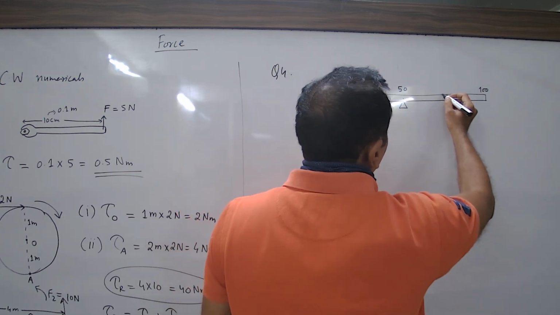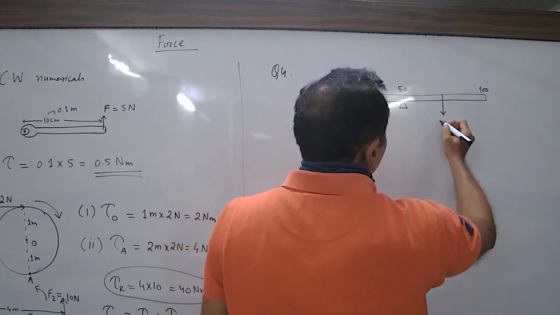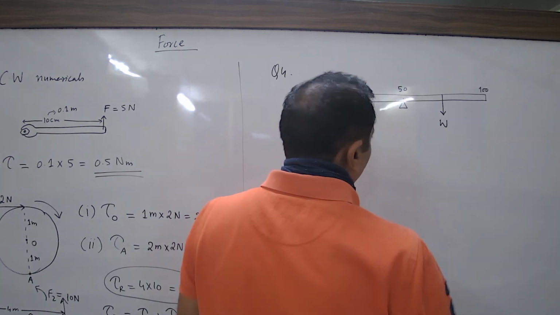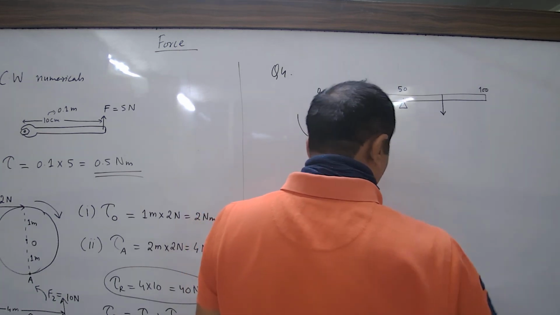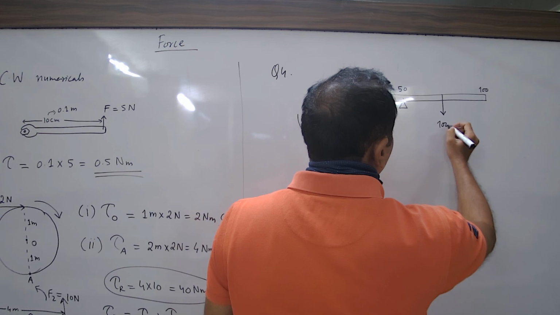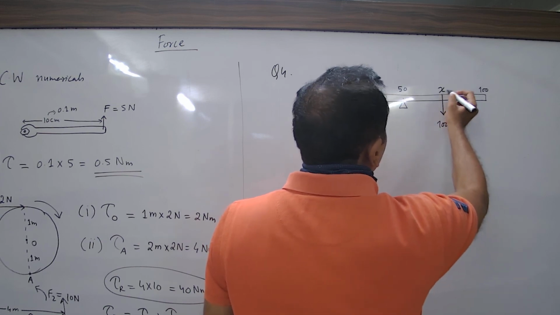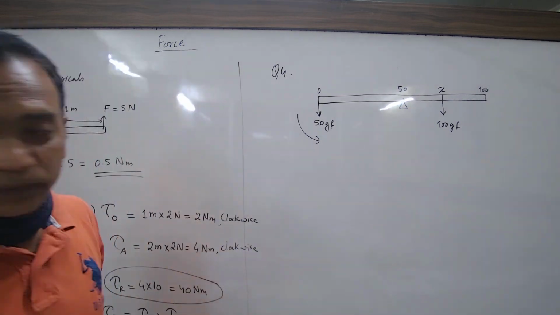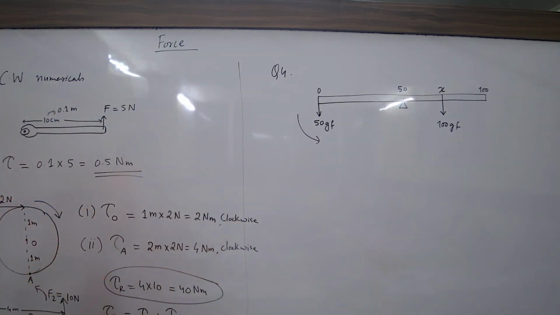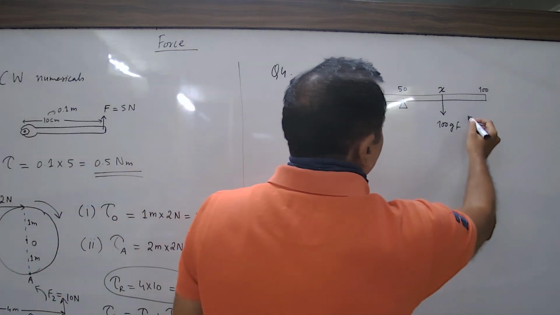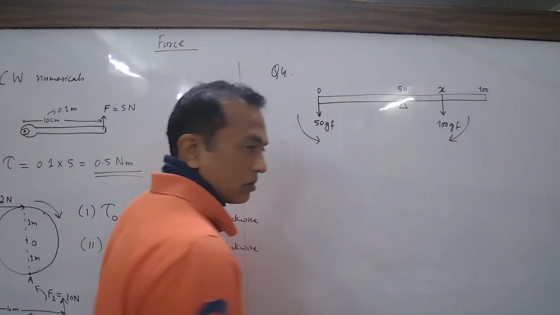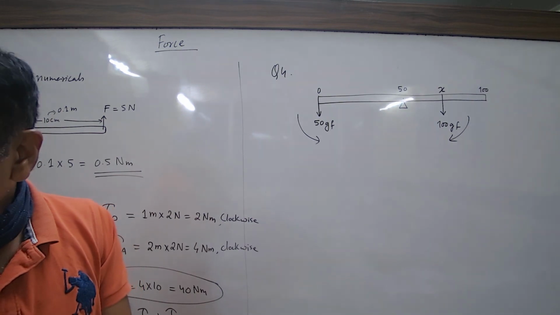Let us say I am hanging the weight over here, 100 gram force, at X mark. I don't know where we have to hang, so that it will produce a moment in this direction and balance it, so that again it is in equilibrium.